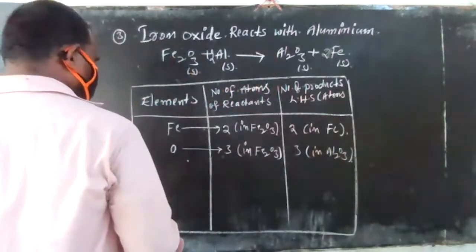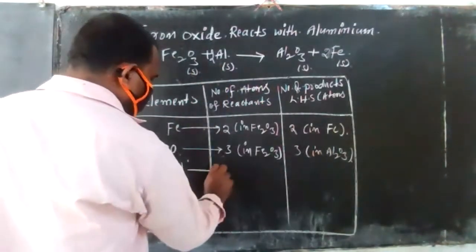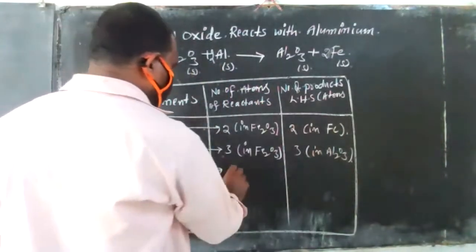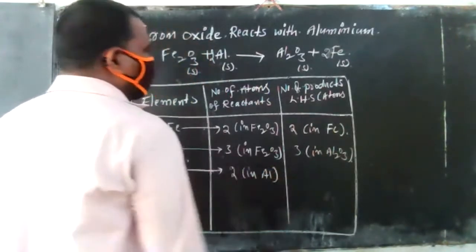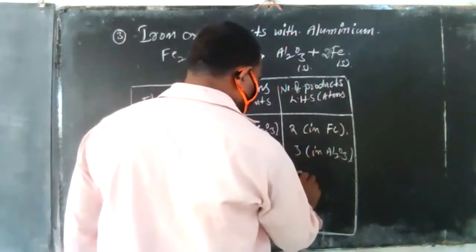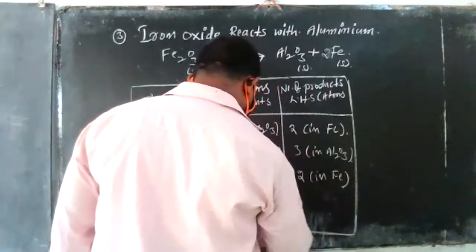So iron completed, oxygen completed, now going to aluminum. Aluminum is 2, and on the product side next to it is Fe.